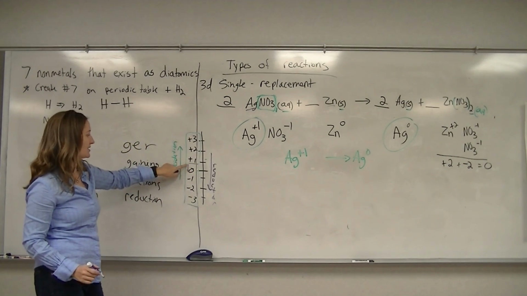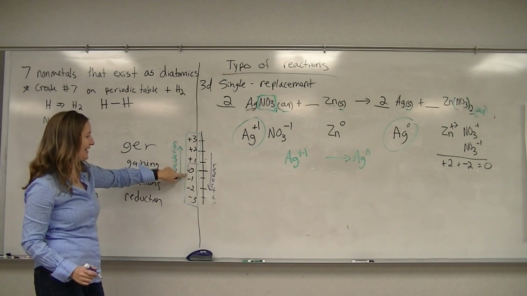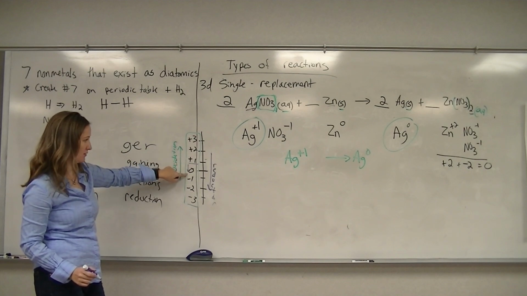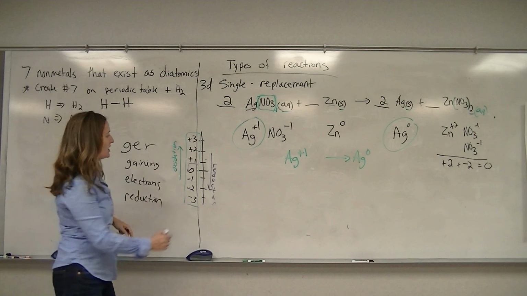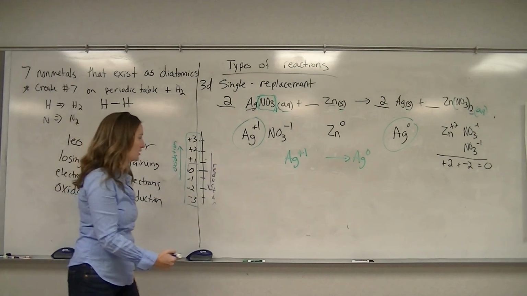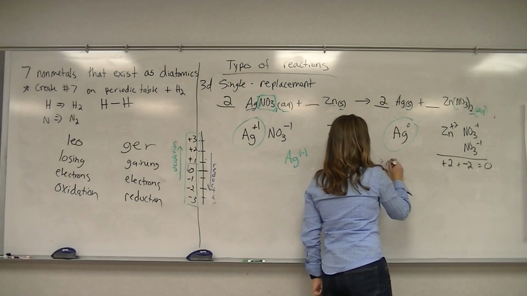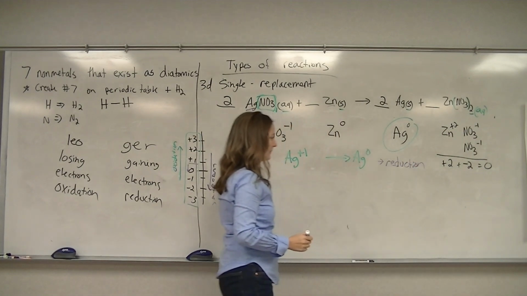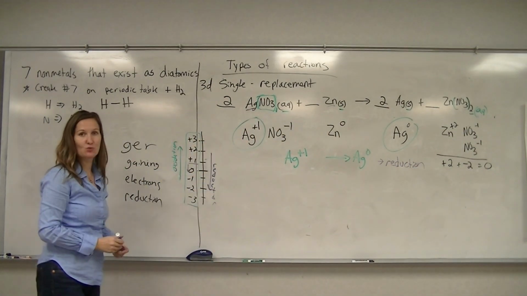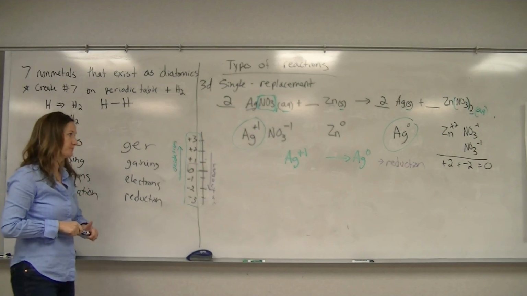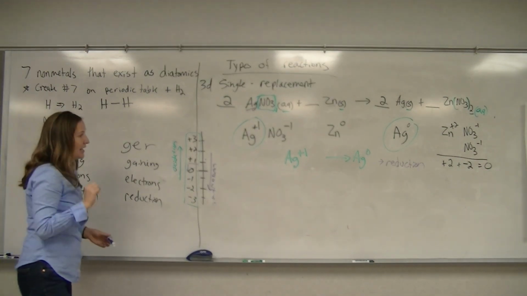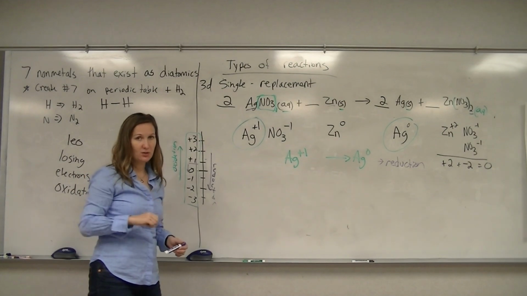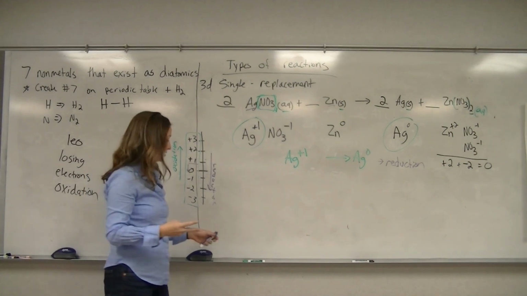So to go down to a 0, it's gaining a negatively charged electron. Going from a +1 to a 0, I'm going in the downward direction, so this is reduction. This is the element that is reduced. And these always happen in pairs. One is reduced and another one is oxidized.